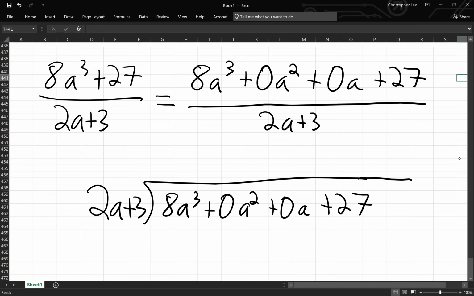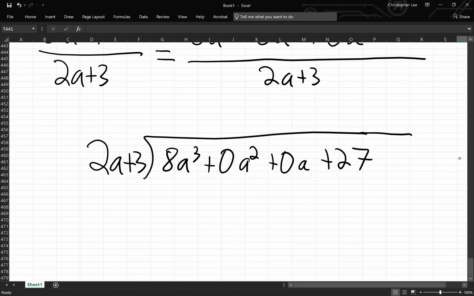Do your long division. 2a goes into 8a cubed how many times? 4a squared. Essentially, I'm asking you what is 8a cubed divided by 2a? 4a squared.